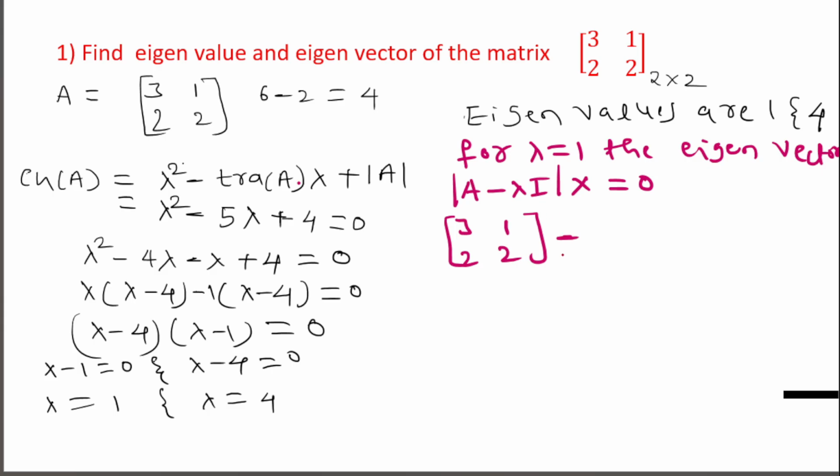Next, I is the identity matrix of 2 cross 2. Then lambda into I will be 1, 0, 0, 1.